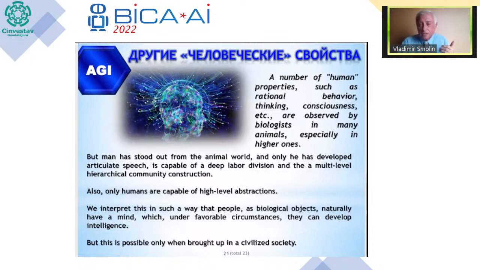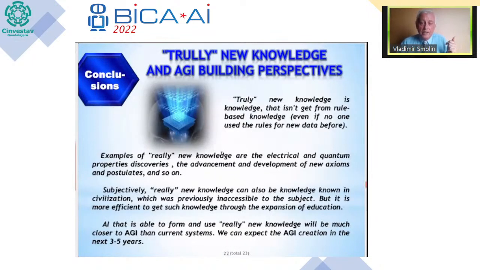It's because of civilization history that we have language and science. We can be sapient from birth, but to become intelligent, we should live in civilization and have a good education. Okay, and the last point is that truly new knowledge is knowledge that we can't get from rule-based knowledge and some new data.